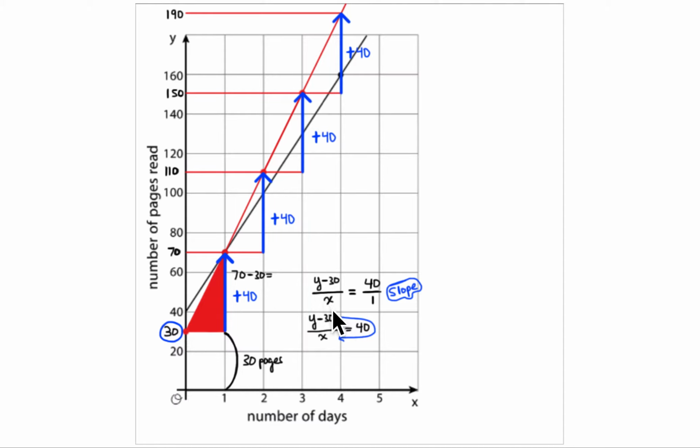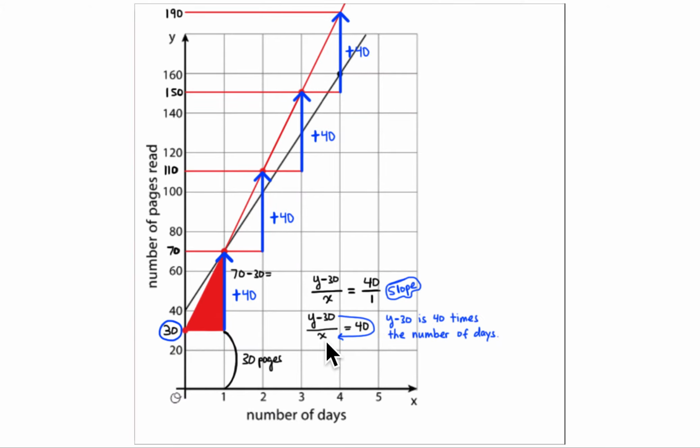So y minus 30 over x tells you that the number of pages that she reads each day is 40 times the number of days, because she reads 40 pages each day. So that makes sense. So y minus 30 is 40 times the value of x, or 40 times the number of days. That allows you to write the equation. So y minus 30 is 40 times the number of days.